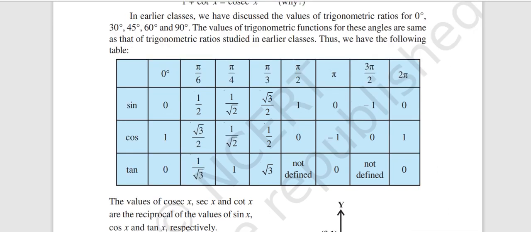So you weren't able to find the values, right? But you were able to find the values for these ones, pi by 2 for quadrantal angles, remember? I'll tell you a secret. Even I was not able to.